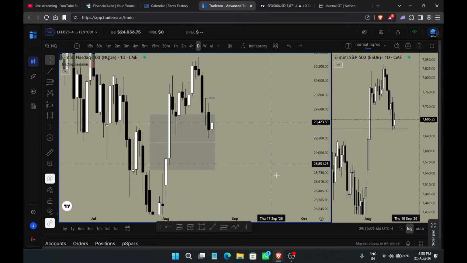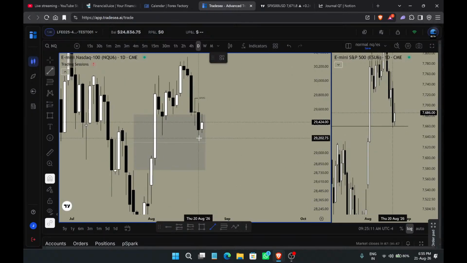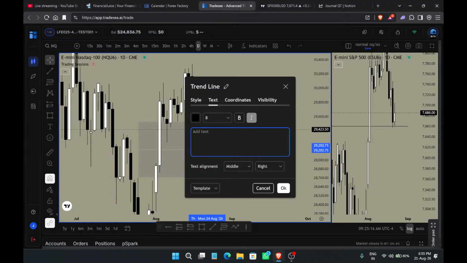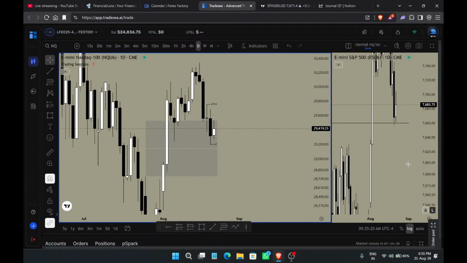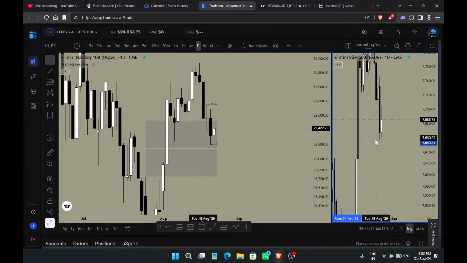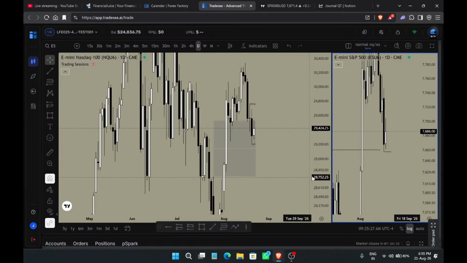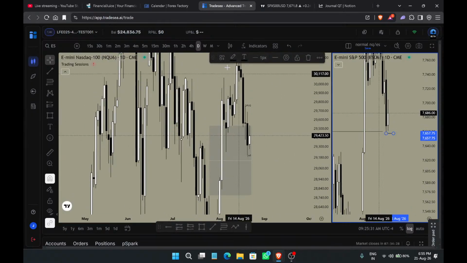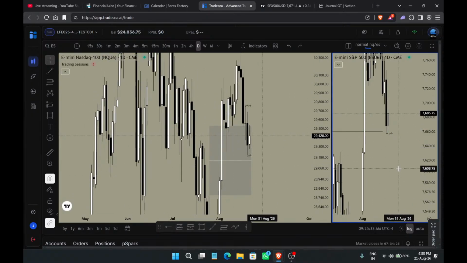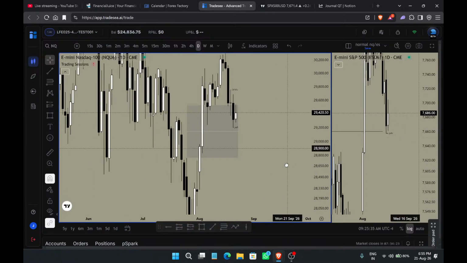Area free right there. Previous low is still intact. Area here, but nothing on this yet. This area as well, but nothing else over here.